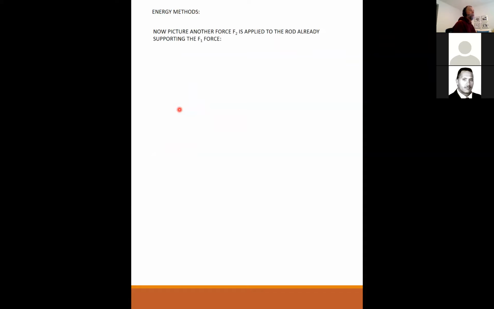Now picture applying another force, F2, to the rod that's already supporting the F1 force, like so. So it already had F1, it already deflected delta 1. Now we apply an F2 force to it, and it deflects another delta 2. So the graph looks like this. Here's my original force and deformation. Here's the new force.